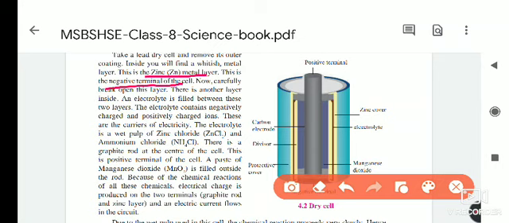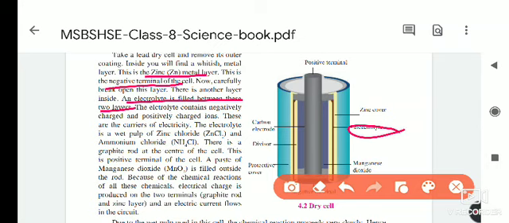From this we have to find the answer and write it in our own words. So the outer covering of the cell is made up of zinc. Then inside that zinc layer another layer is there, and electrolyte is filled between these two layers.